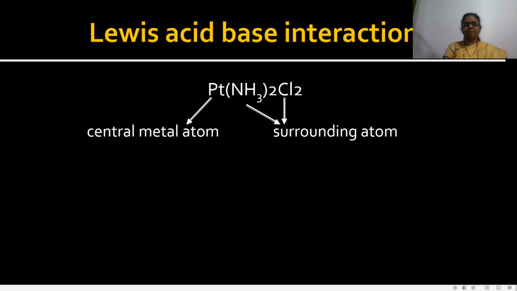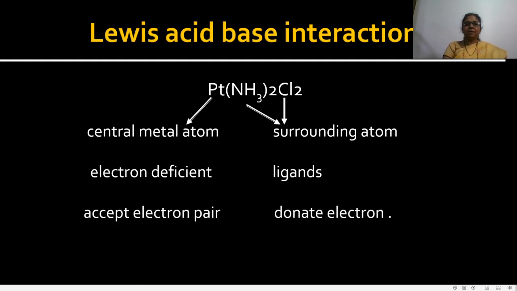In this example, platinum is the central metal atom, and the ammonia groups and chloride groups are the surrounding atoms. The central metal atom is electron deficient, and these surrounding atoms, called ligands, are the electron rich centers.